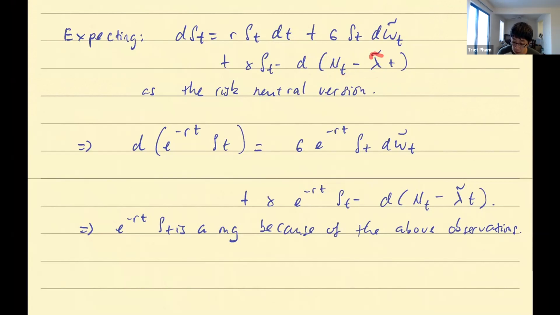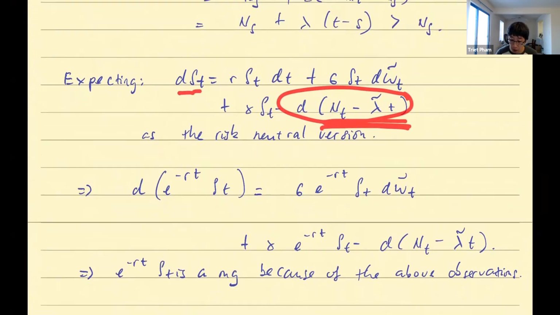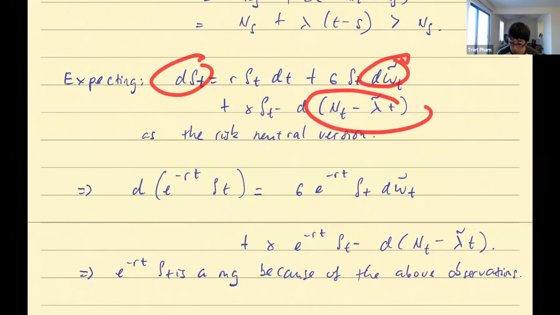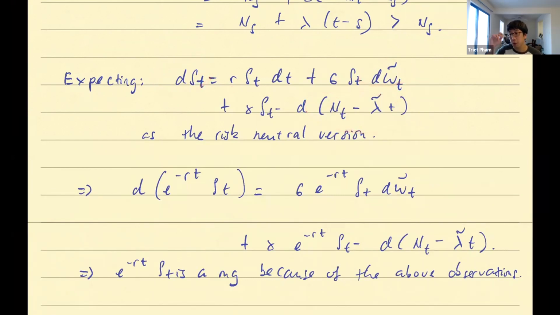The tilde is because when you move to a risk neutral probability, the Poisson process may pick up a different rate. It's no longer rate lambda; it's a different rate. It's just the same thing as saying that the Brownian motion changed to a different Brownian motion, it picks up a drift. I'll explain that. But otherwise, the idea is a compensated Poisson process. So this is our new martingale. You can think of your stock model as driven by different martingales, with the drift always being the risk-free rate, okay?